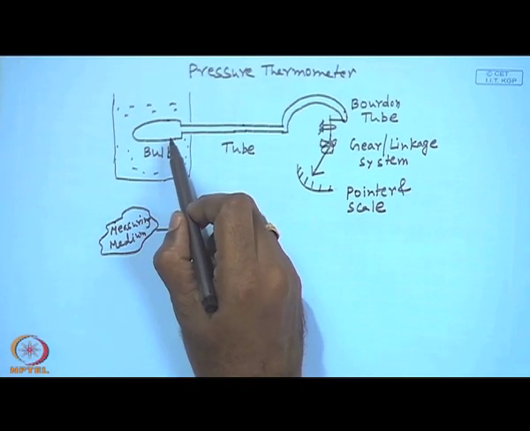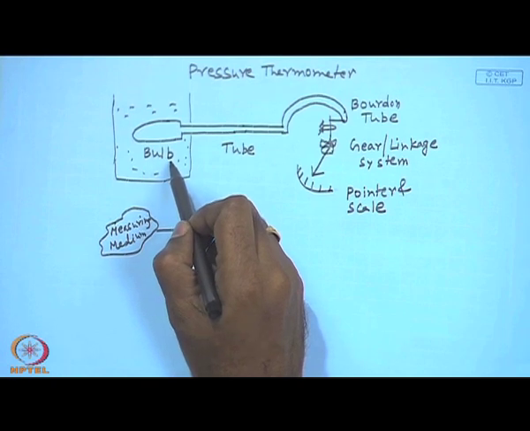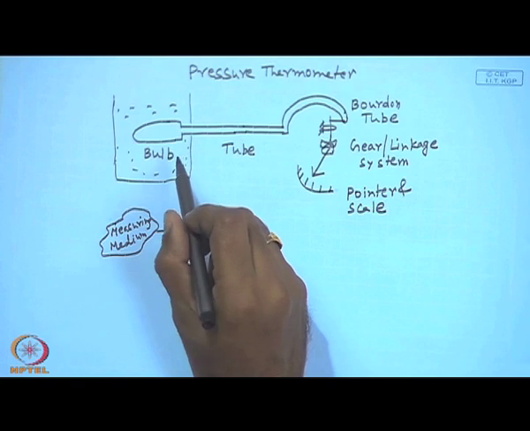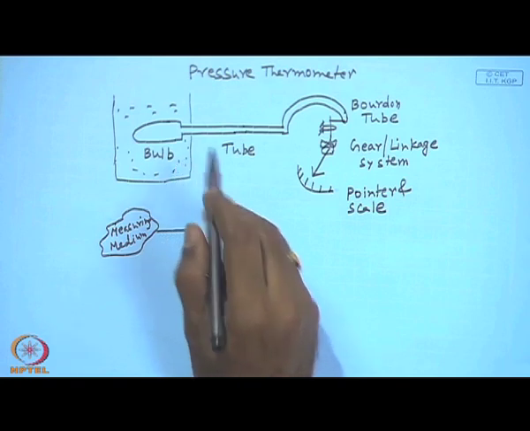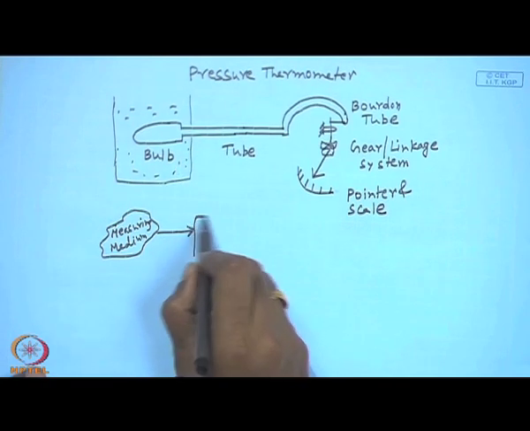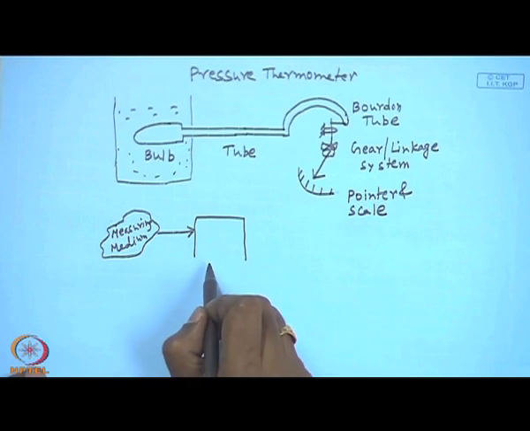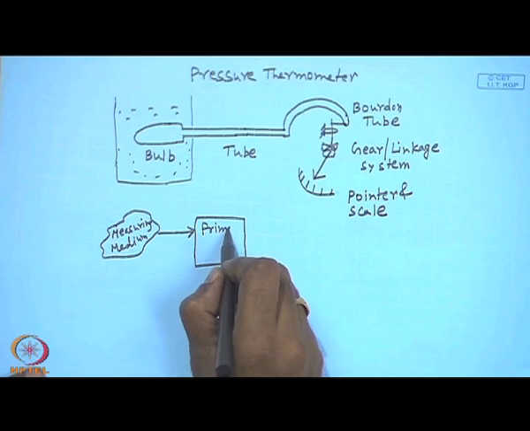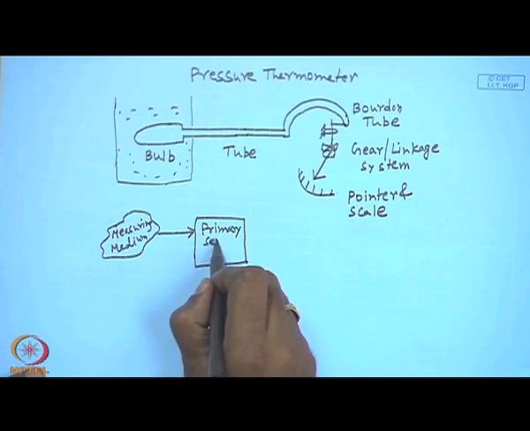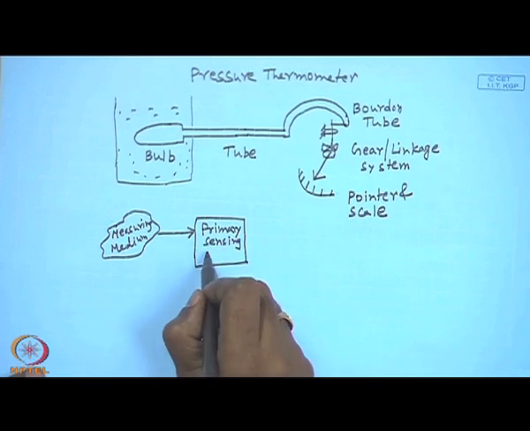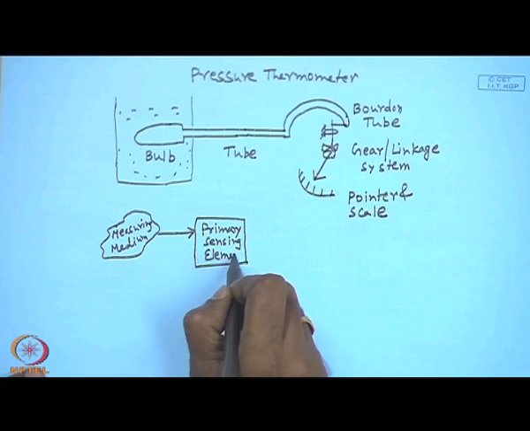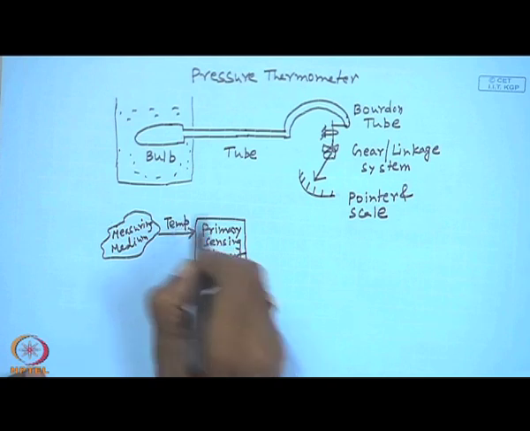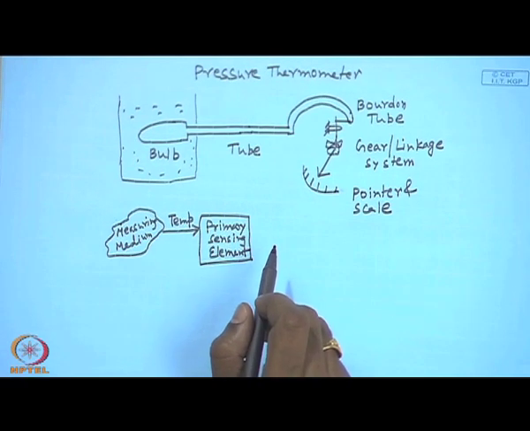The bulb interacts with the measuring medium and receives information about the temperature. So, the primary sensing element receives information about temperature first.